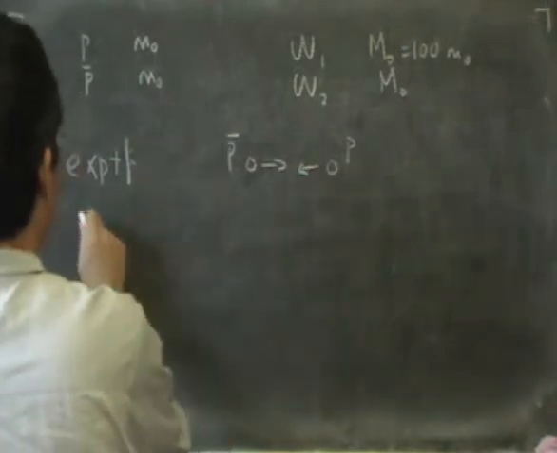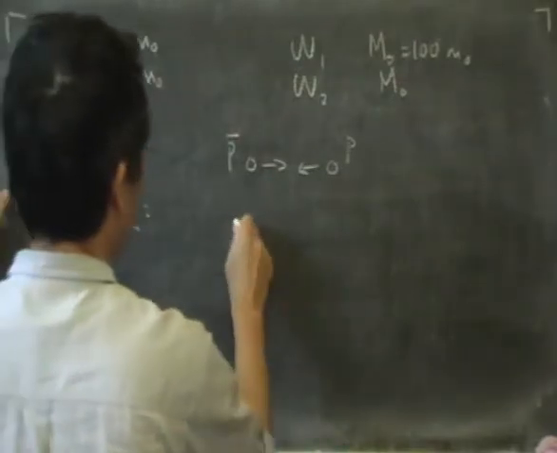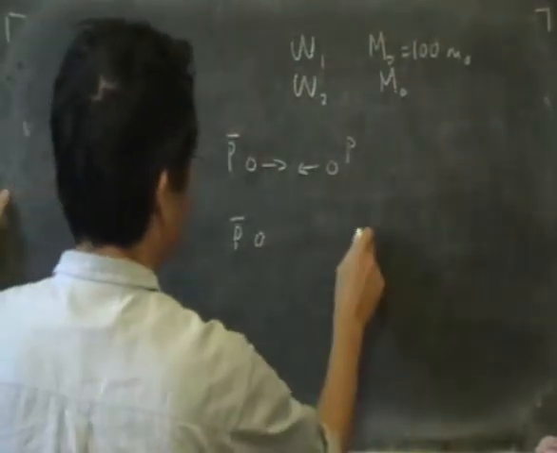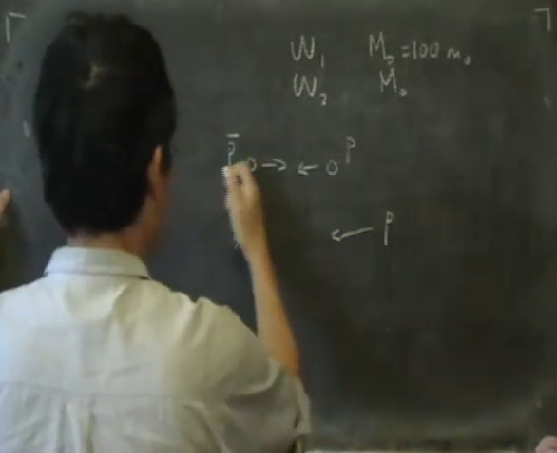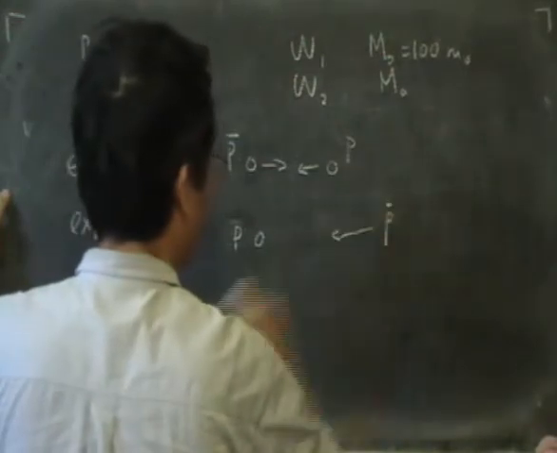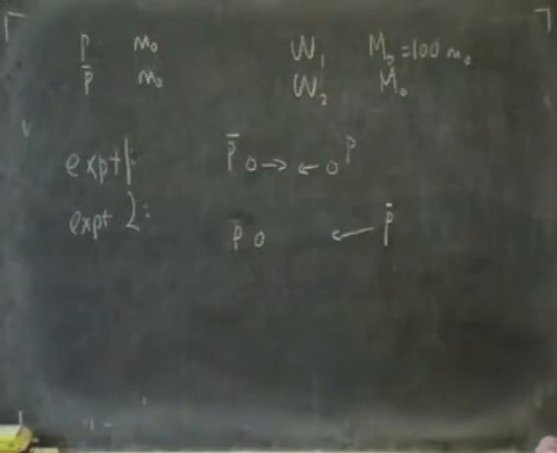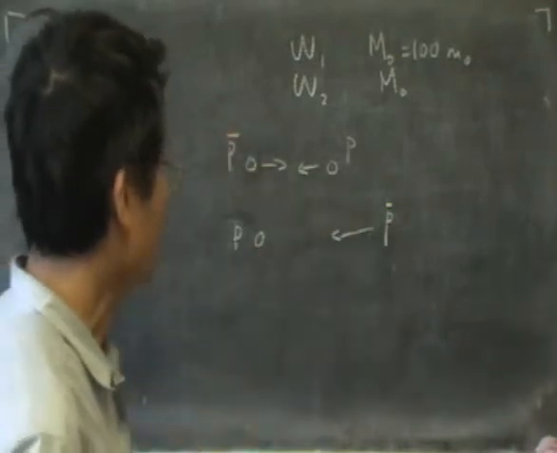Then we have experiment 2, in which we have an antiproton at rest, or maybe the proton at rest, and a beam of antiproton coming towards it. And we want to find out the amount of energy we would need for each case.